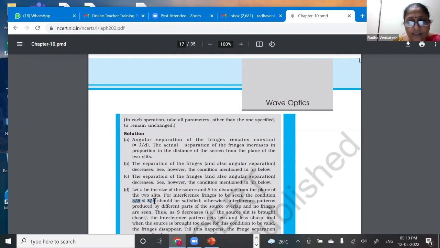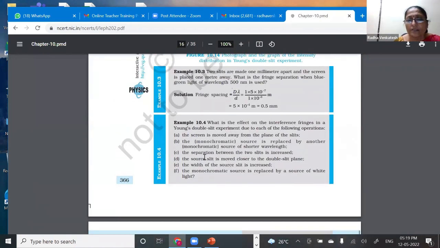Are we understanding this? So when the children write the answer, the separation of the fringes decreases, provided which condition is satisfied? Provided s by S is less than lambda by d is satisfied, where small s is the size of the source, that is, the slit size that we were talking about in C. They said the source slit is moved closer, so capital S is changing.